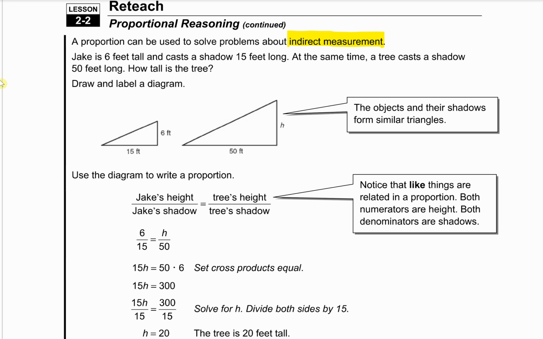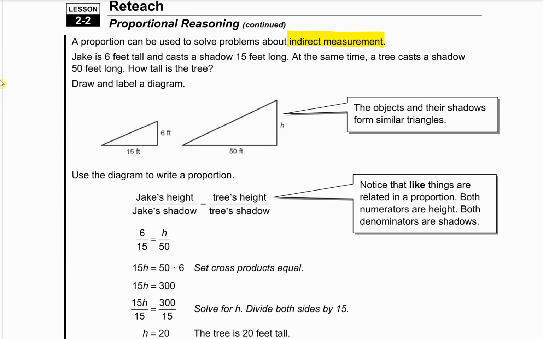You can't climb up a flagpole to measure the height of a flagpole. You have to figure out another way to see how tall it is. Well, here's the classic example. We use cross products and set up proportions with similar figures. And hopefully you remember similar figures from geometry.